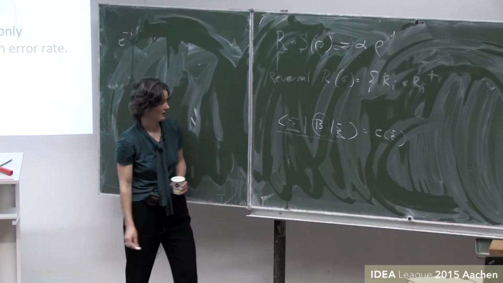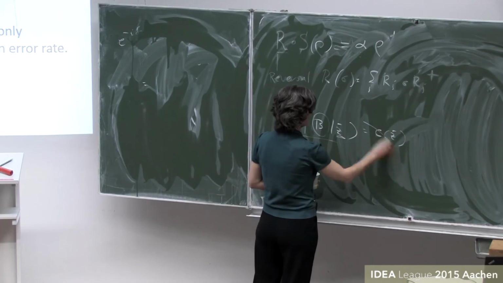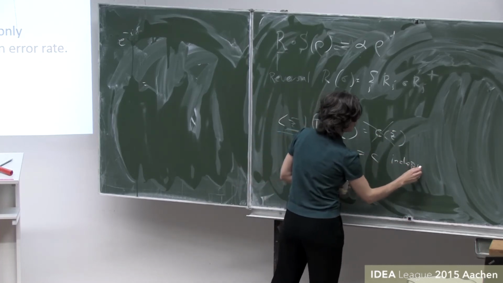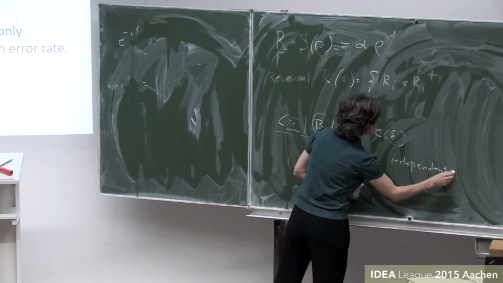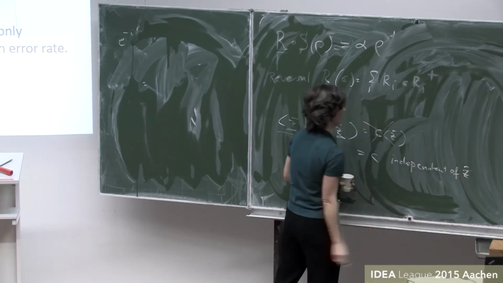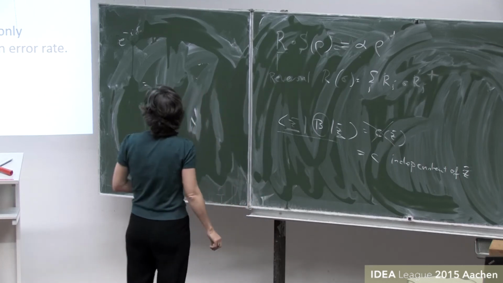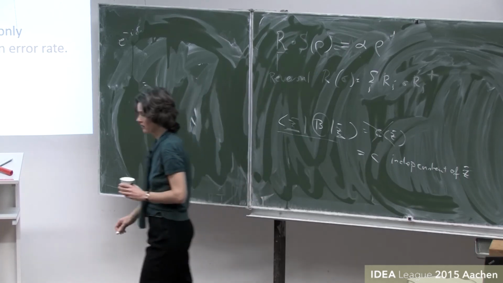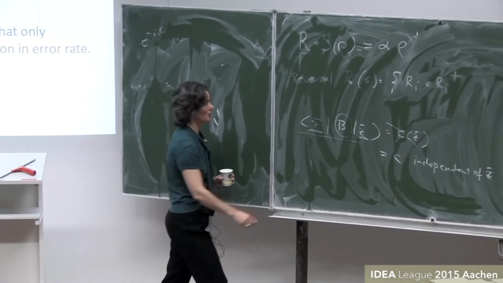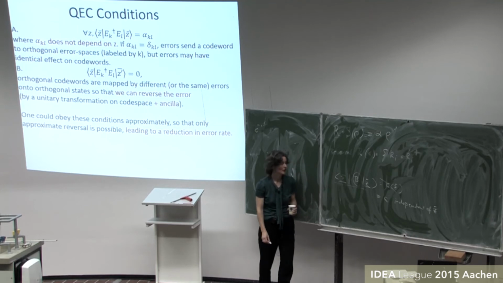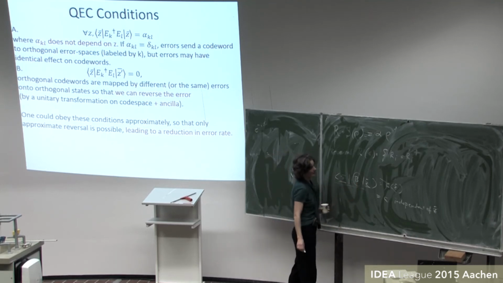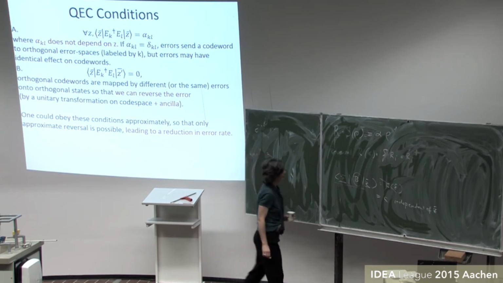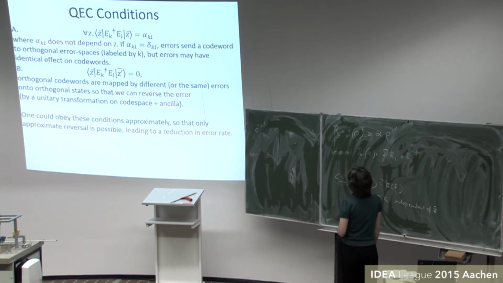It's independent, so it's some constant independent of Z. But you can actually rewrite the error correction condition in a slightly different way, in which you refer to observables and their expectation values on the code words, and that they should be independent of Z. I think I referred to this in my review. This is something that comes out of a Gottesman paper.